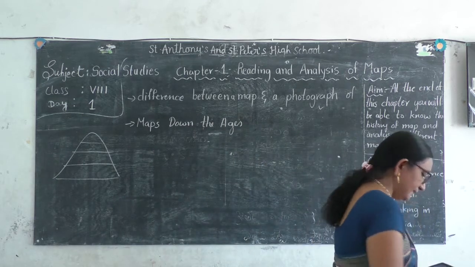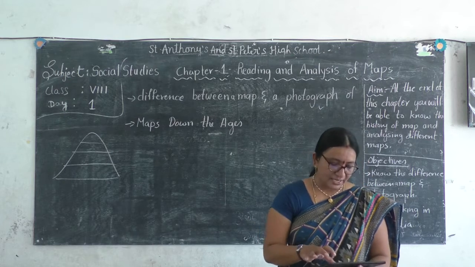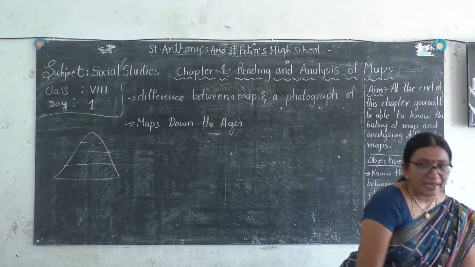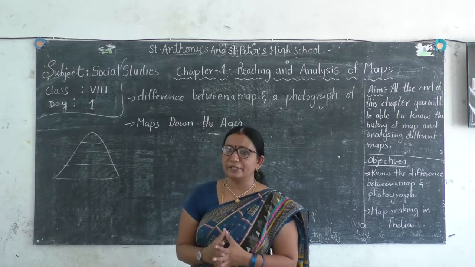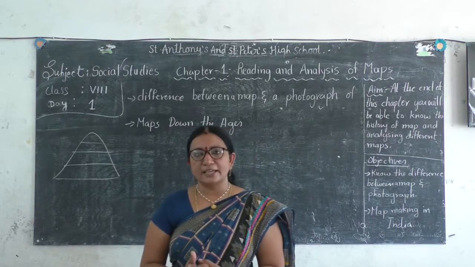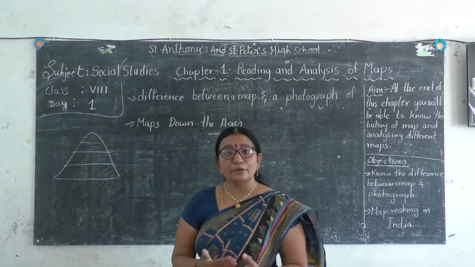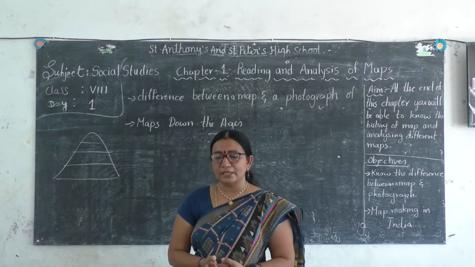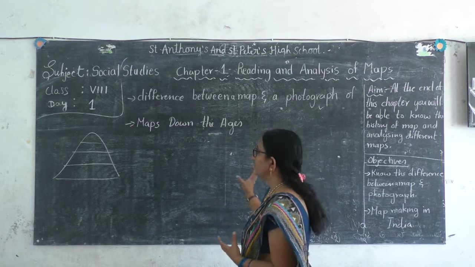Okay, as we have learned, maps are also made in different types according to the needs. Some maps give us information about the vegetation. Some give the weather report, some give the kind of soil which is found in different places.